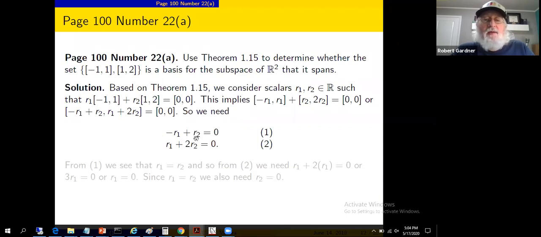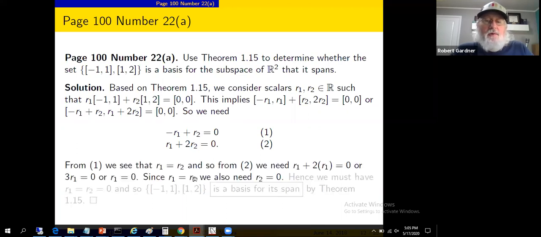We need these two linear equations to be satisfied. We could set up an augmented matrix and go to town, and hopefully that's your preference, but it's easy to just see from observation what's going on here.